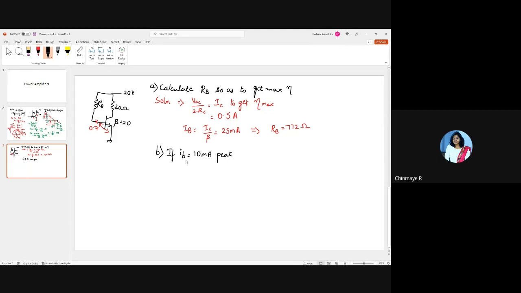It's a sine wave basically, correct? So here I give a current signal such that the AC signal is a sine wave, which looks something like this, with the peak value 10 milliamperes at this base. Okay, so this is your IB with 10 milliamperes peak.